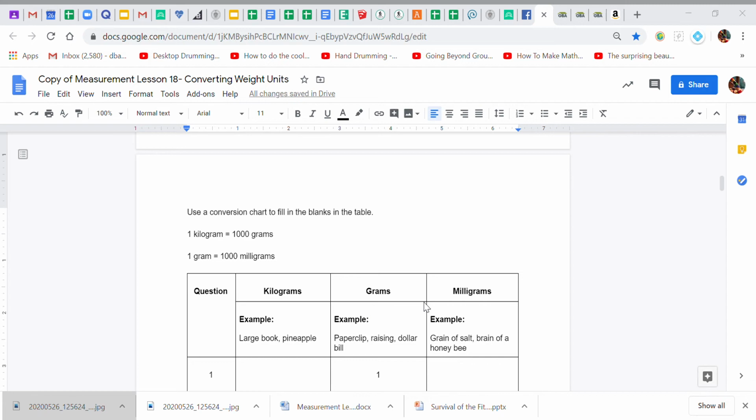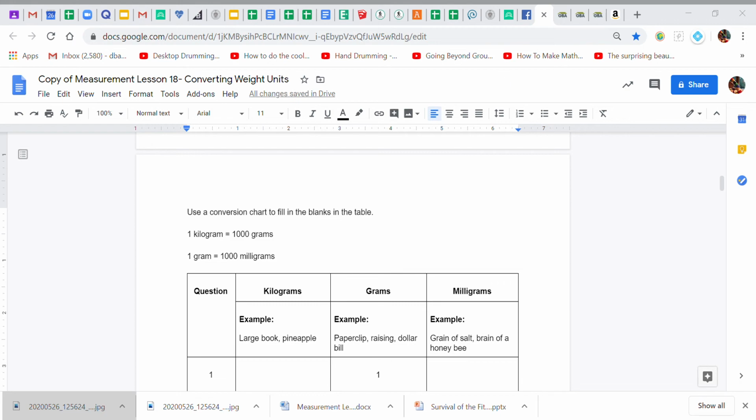It's 1,000 times bigger. But then a kilogram is a little more than 2 pounds, so it weighs a lot. The general idea is you divide by 1,000 to go from milligrams to grams, and divide by 1,000 again to get to kilograms. If you're going the other way, from a big unit to a small unit, you times by 1,000 to get to grams from kilograms, and times by 1,000 to get to milligrams from grams.